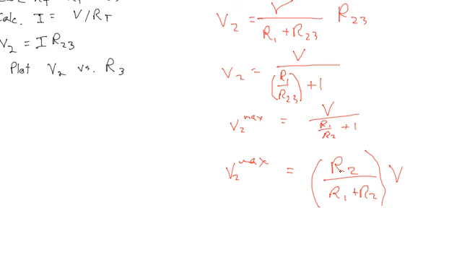So if I pick R2 equal to 25 ohms and R1 75 ohms, with 25 ohms I'll have 1/4. I want to test it that way. Test if V equals 10 volts, R1 equals 75 ohms, and R2 equals 25 ohms.